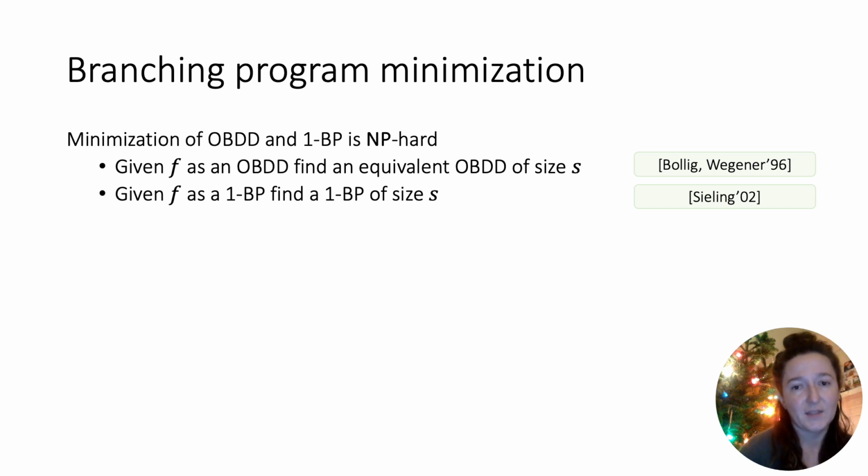Again, this setting is different from the setting of MCSP, since in MCSP as an input we receive a truth table, which is long, and if you're given an OBDD or read-once branching program as an input, it can be already quite succinct. So it is harder to compress something small because you have fewer steps you can do to actually check configurations.